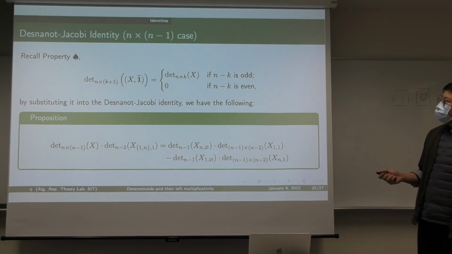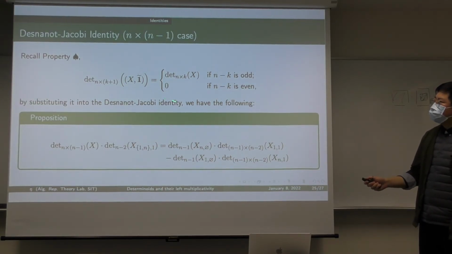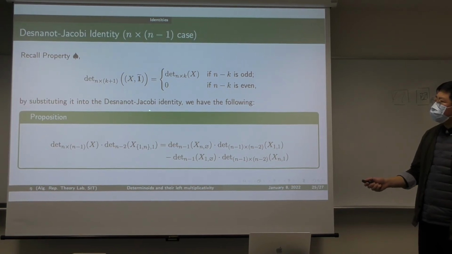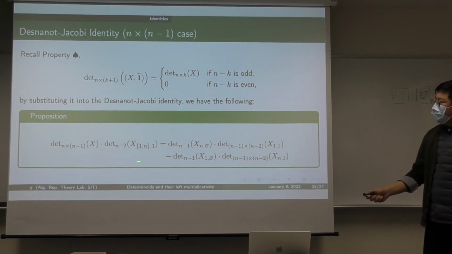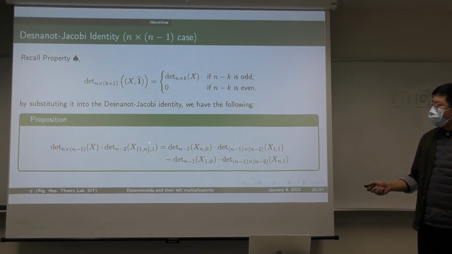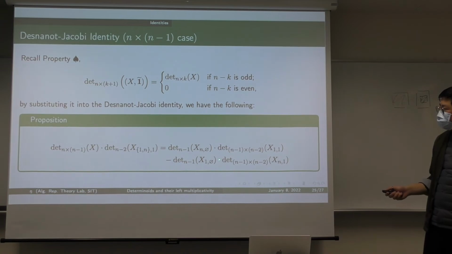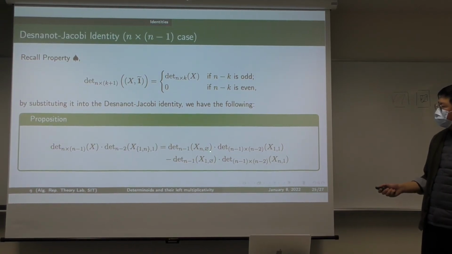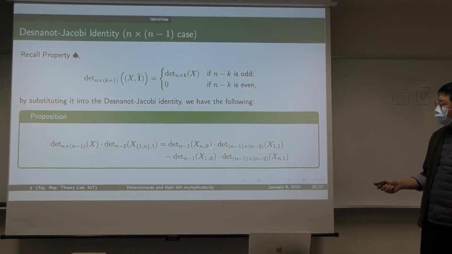And next, the n by n minus 1 case. Recall this property, and substituting it into the Determinant-Jacobi identity, we have this identity here, a hybrid form of determinoids and determinant. This means we are not taking any rows or columns out of it.